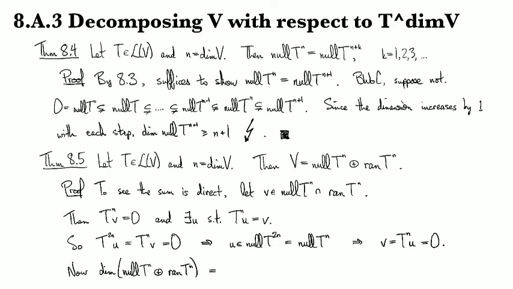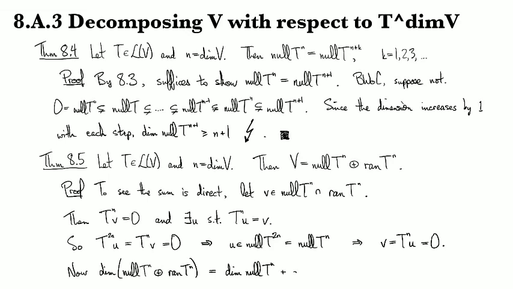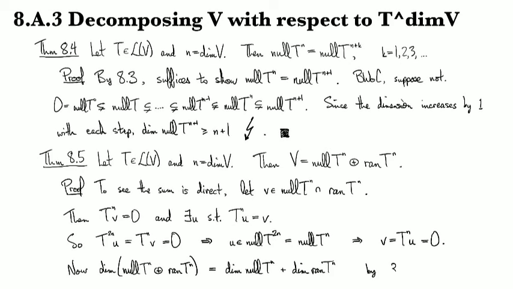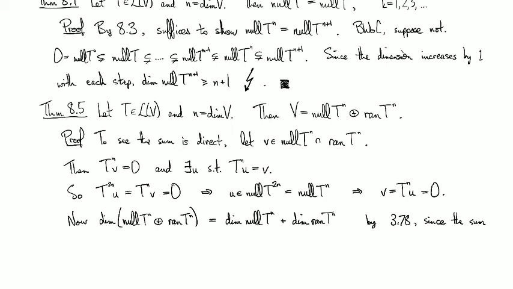So this is the dimension of null space T to the n plus dimension of range T to the n by 3.78, since the sum is direct. 3.78 is the one that says that if you have a direct sum, then the dimension of the sum is equal to the sum of the dimensions.